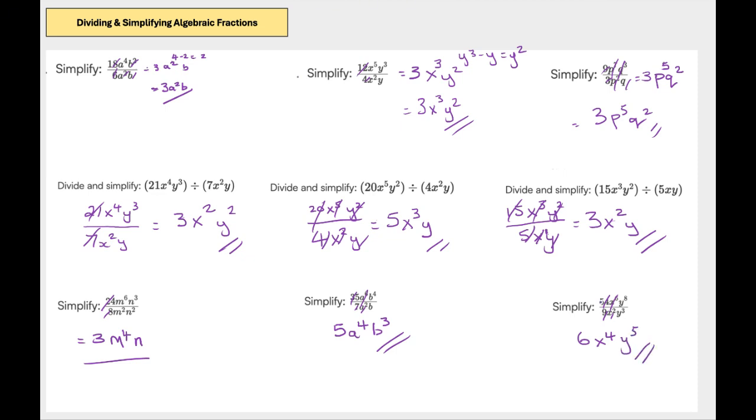There we have it. All you need to know for dividing is that with the powers, or indices, or however you want to say it, when we divide, we subtract.